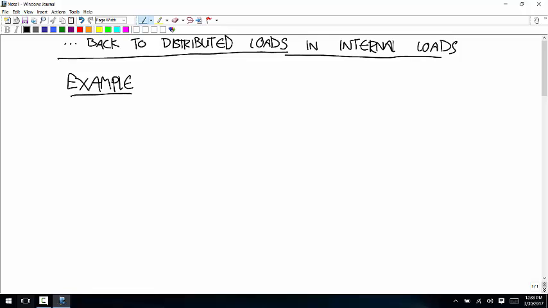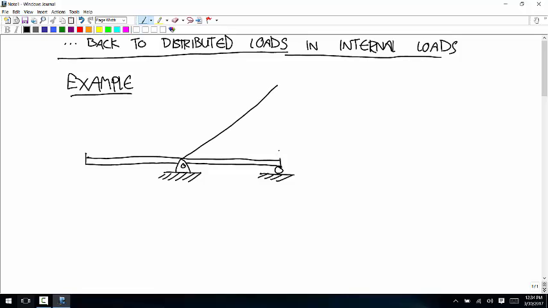Okay, so let's say we have a beam with a pin joint at the middle, and a roller at the right end. And a distributed load. No, let's not do that. That's too much. Let's do this. Distributed load all the way.